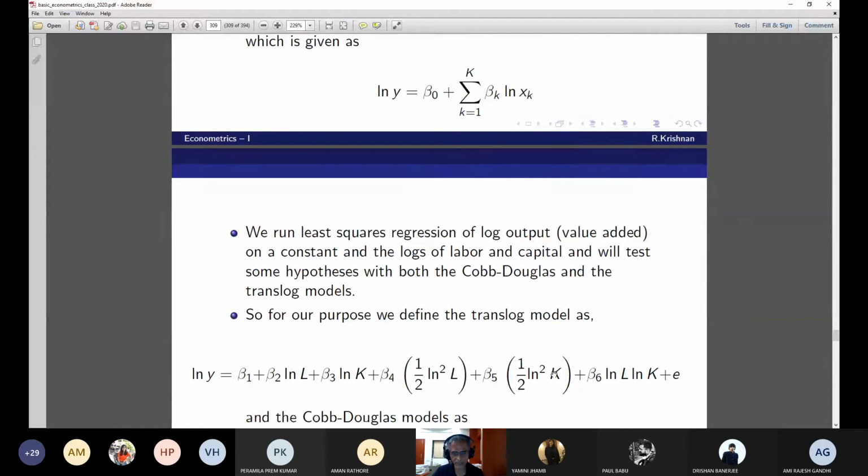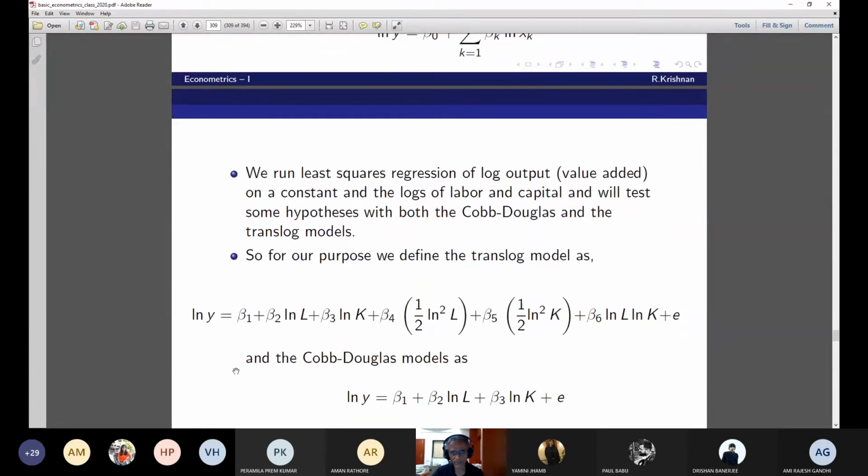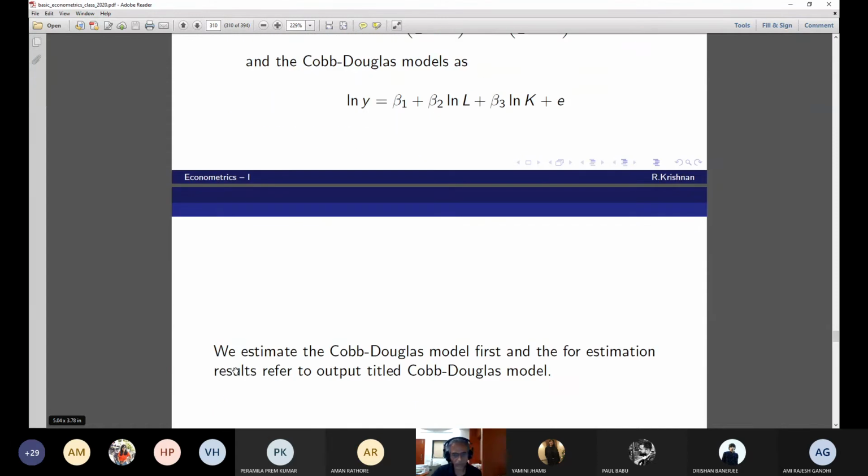For our purpose, we define the translog model as follows. And the Cobb-Douglas as follows.